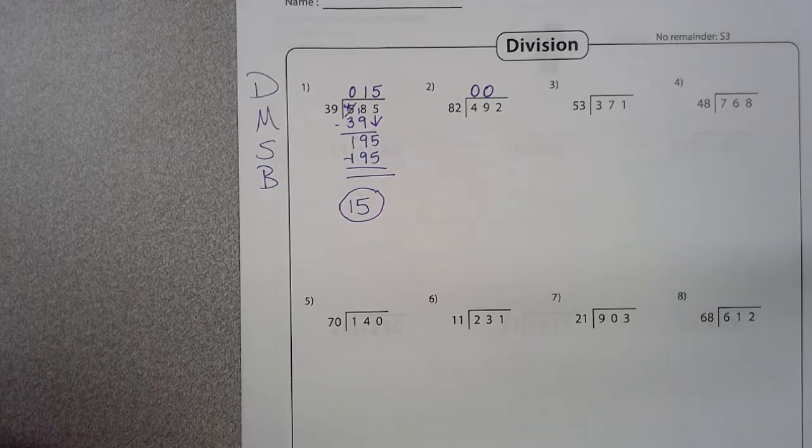8 times 7 is... Wait. I said 46. It's 48. And then 7 times 8 is 56. Okay, 56 is way too big. So got to go with 8 times 6, which was 48. So let's try 6.